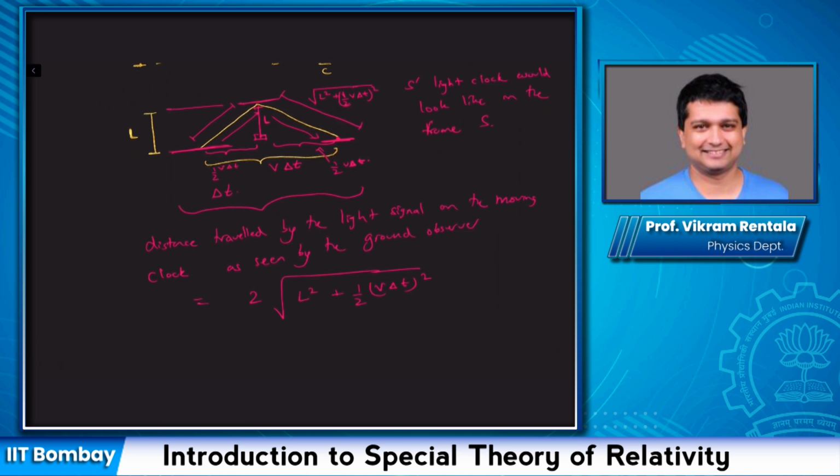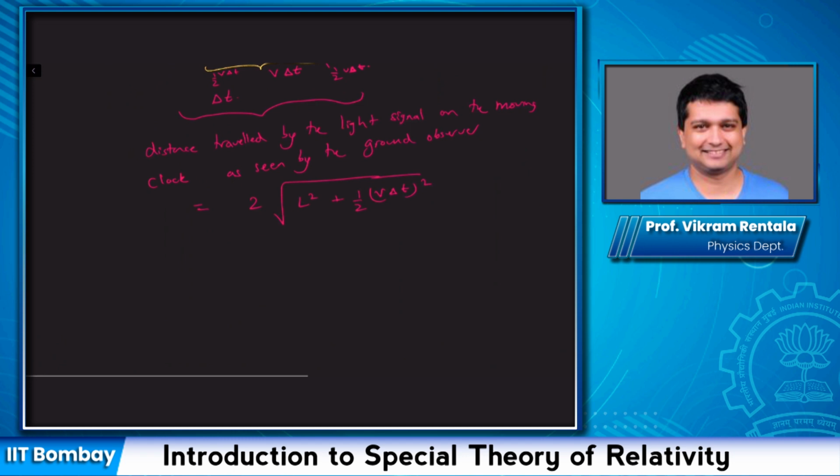But how long would it take for light to travel that distance? Well, we know the answer from the postulates of special relativity. No matter which direction this light beam is traveling, it should be traveling at a speed c as seen by the observers on the ground. It appears to travel at a speed c on the train, but it also appears to travel at a speed c according to the observers on the ground. So therefore, this light signal travels at a speed c.